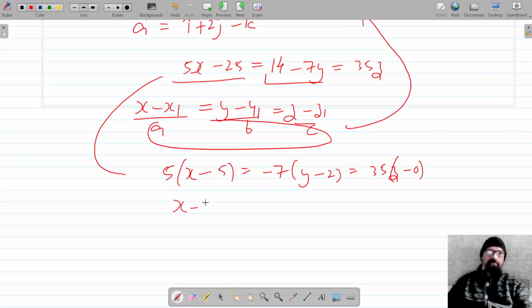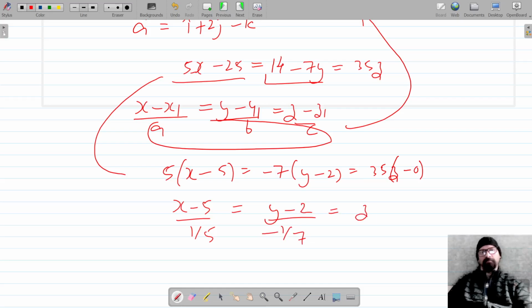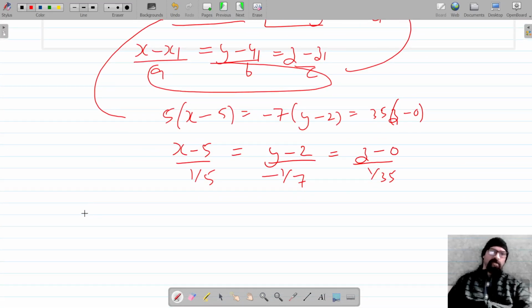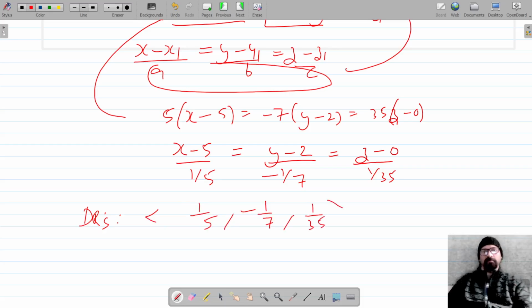Okay, so this is now x minus 5 upon 1 by 5 is equal to y minus 2 upon negative 1 by 7 is equal to z minus 0 upon 1 by 35.